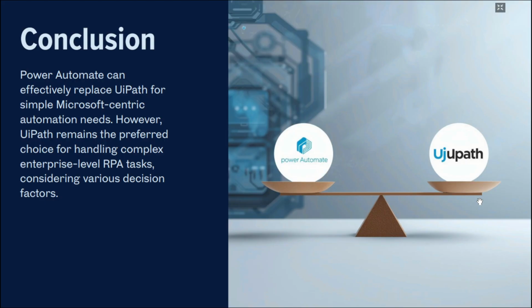So in short, Power Automate is the best tool to automate simple automation processes, and it has the best capabilities to handle Microsoft Office 365 centric automation needs. And if we go for UiPath, it has the best capability to manage enterprise level RPA tasks, the complex RPA scenarios as compared to Power Automate. And that's the best conclusion we can come across.